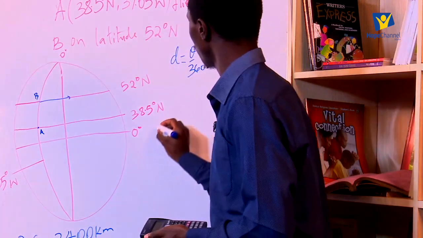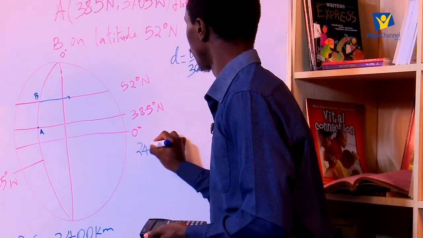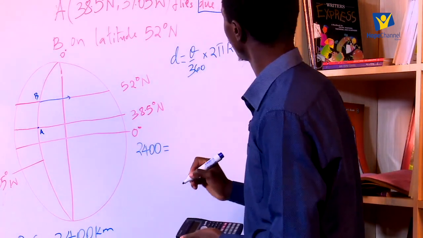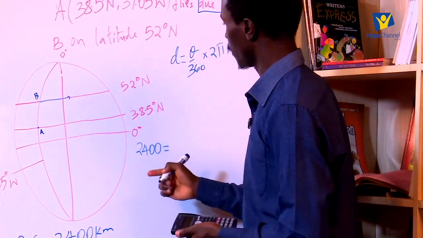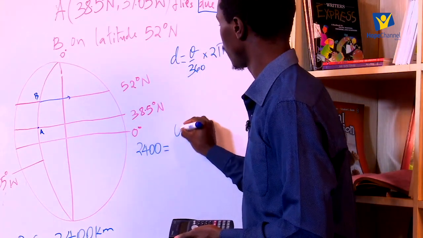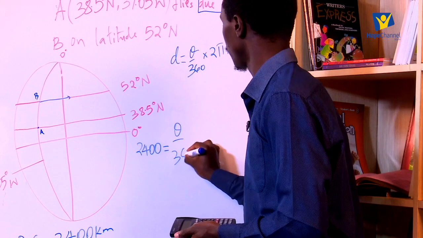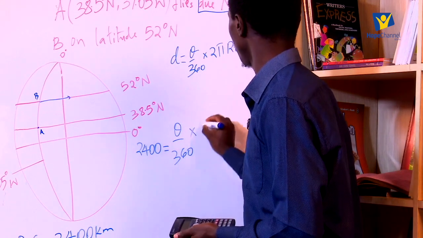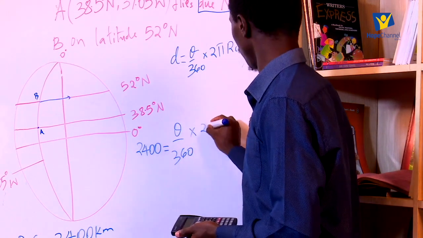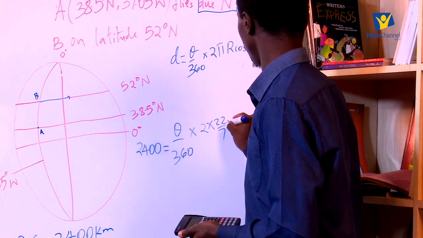So the distance is 2,400. That one is equal to theta. We don't know that angle, that difference, over 360 multiplied by 2 by 22 over 7 times the radius.